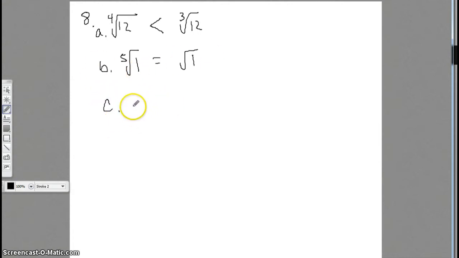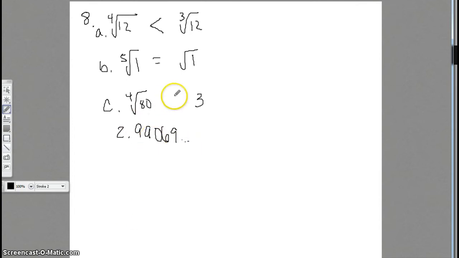Part C, we have the fourth root of 80, and then we have 3. So this one you can punch into your calculator, and if you punch in the fourth root of 80, what you're going to get is 2.99069, and it goes on.